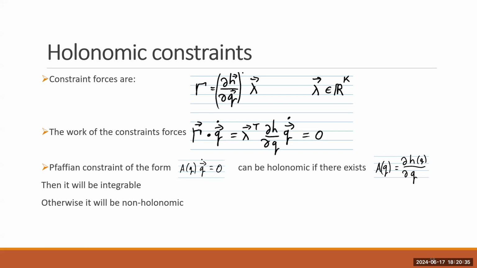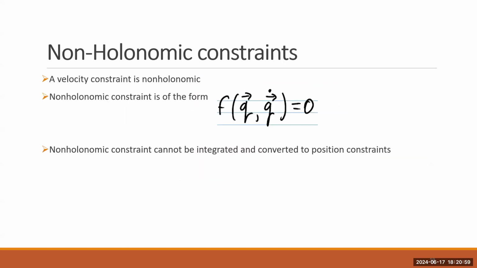That's it. A Pfaffian constraint of this form can be holonomic if there exists h, something like that. And if there is h, we can integrate it as we saw before, and then reduce the number of degrees of freedom. Otherwise, it will be a non-holonomic constraint, a constraint on the velocities. So a non-holonomic constraint is a constraint on the velocity.